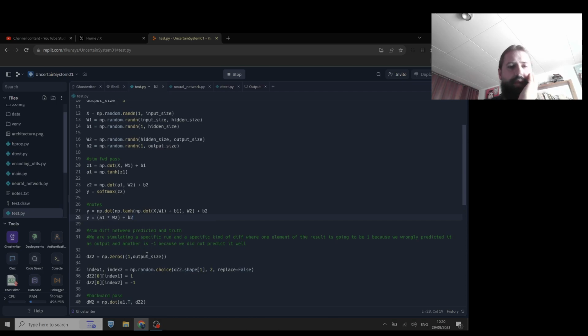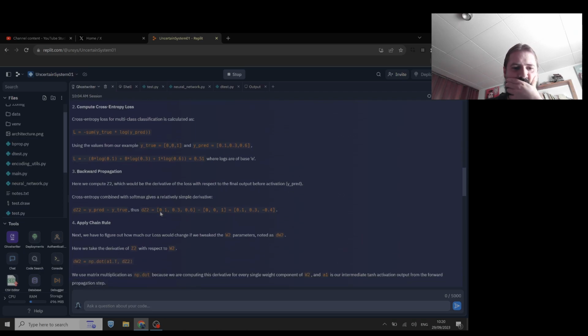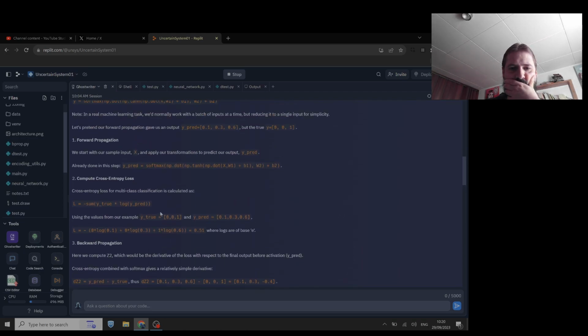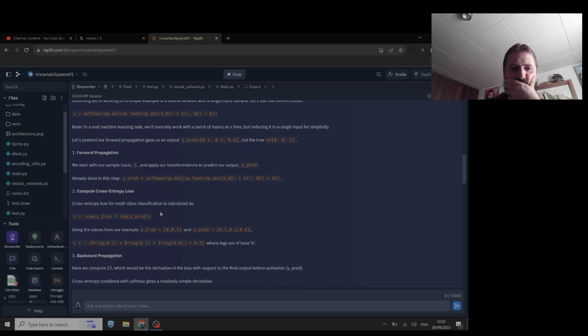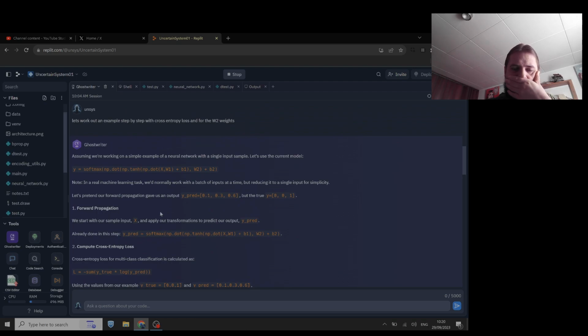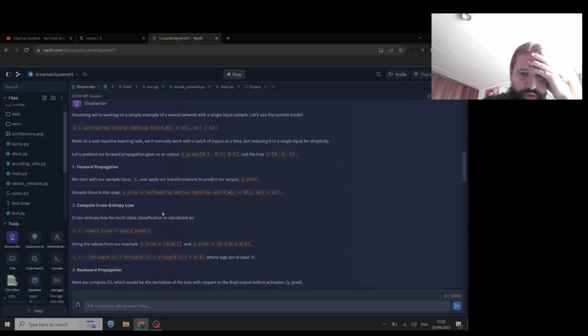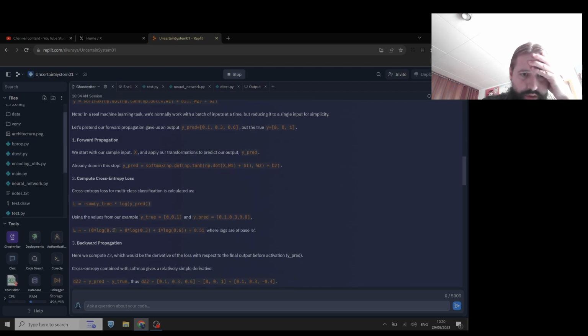But then the loss function, the formula for cross entropy, that is for classification.